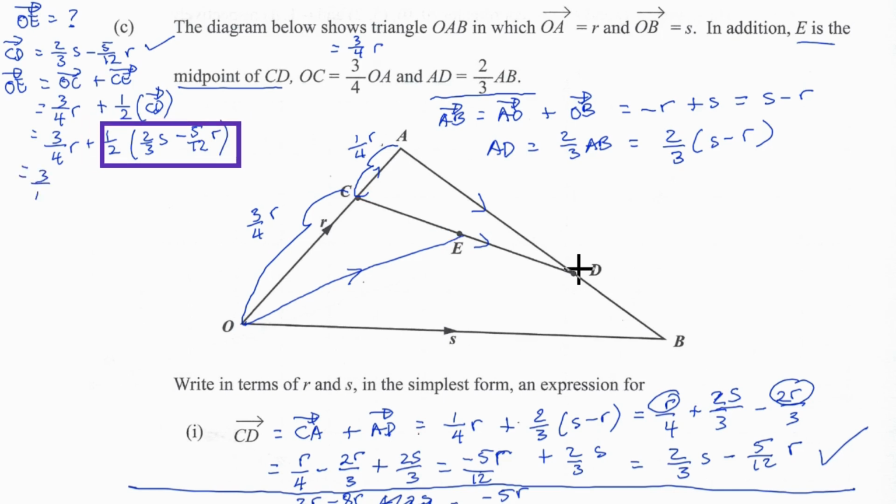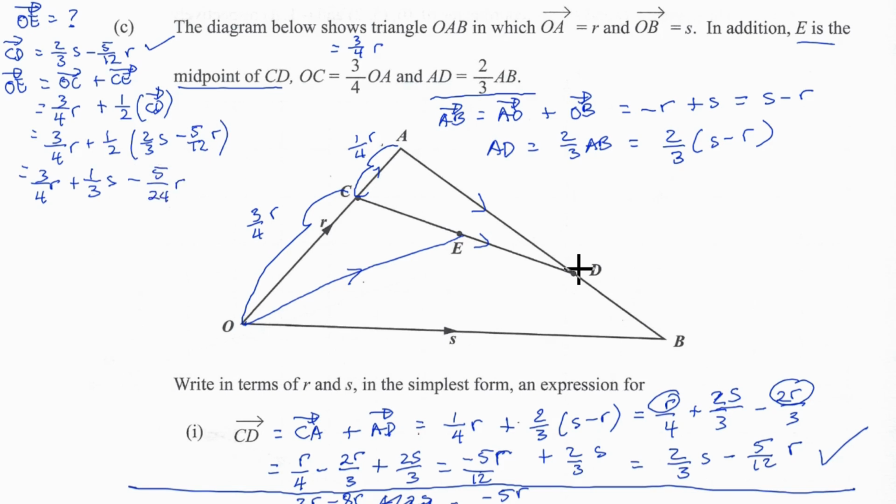So let's bring down the 3/4 R, and then if you multiply a half by 2/3, then the 2's would cancel, so I'll be left with 1/3 S. And then if I multiply a half by 5/12, I'm bringing only minus sign because there's a minus sign here, and then a half by 5/12 would give me 5/24, and of course R.